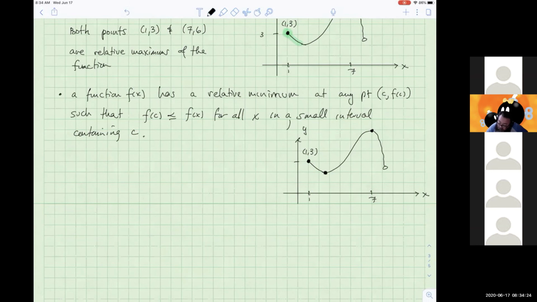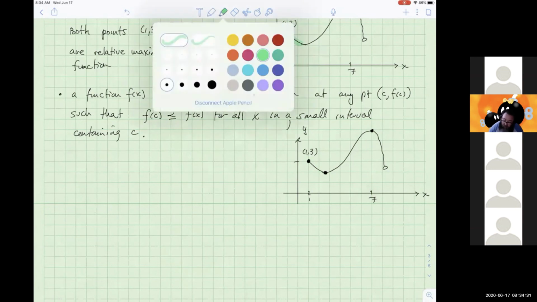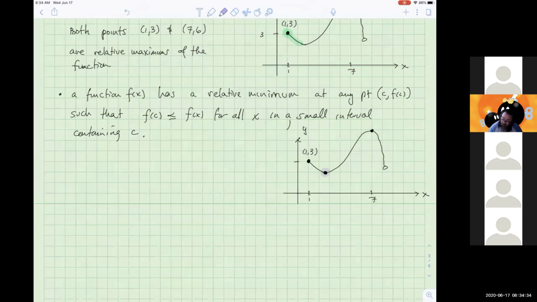Let's put a point on there. That's a low point. That's our bottom. That's our valley. That's our lowest spot. And so it would appear here that we have a relative minimum at what looks like 2.5, 2.